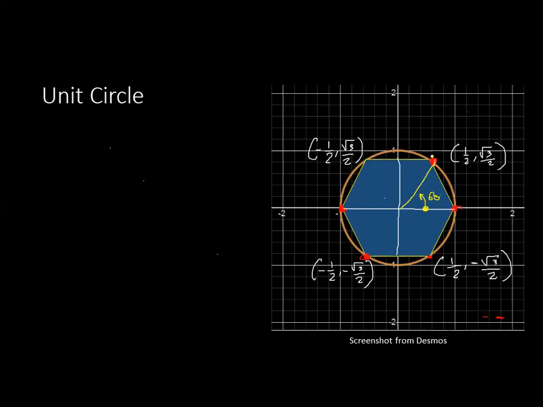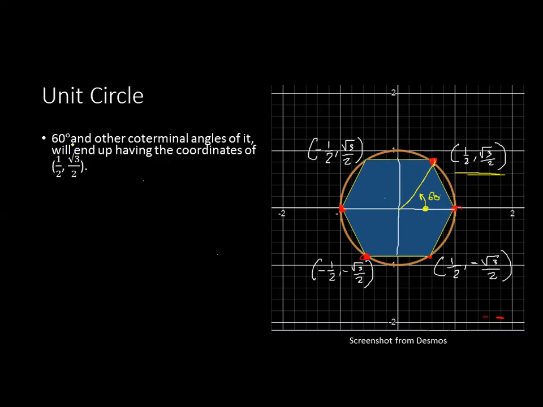So that means if your angle is 60 degrees, or other coterminal angles of 60 degrees, you will have 1/2 and square root of 3 all over 2 as coordinates.